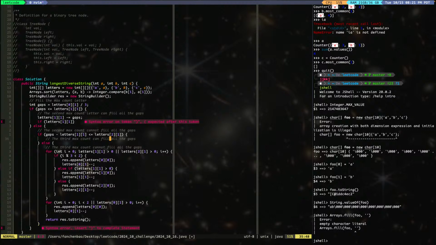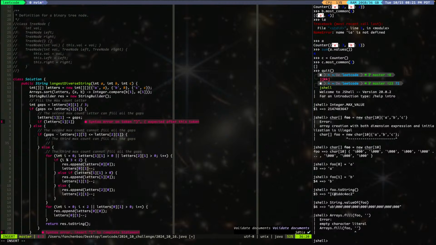Now we have to go back to the previous situation. So we have this situation. The second max cannot fill, right? The second max cannot fill, and the third max can fill all the gaps.